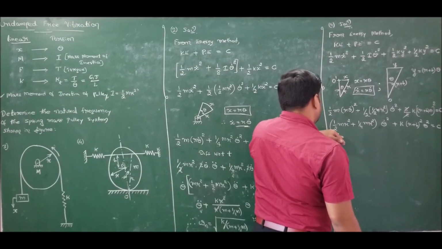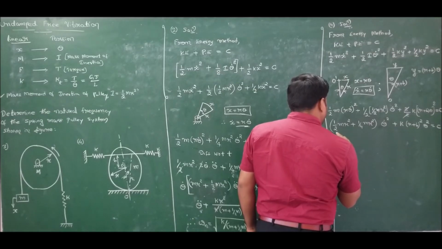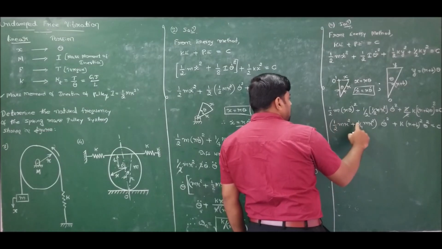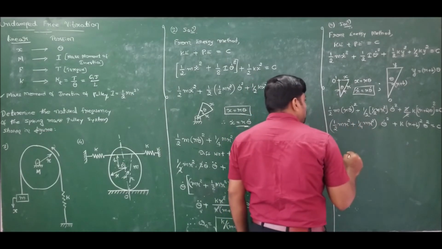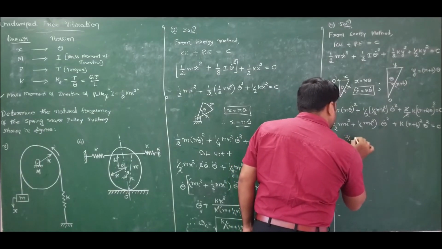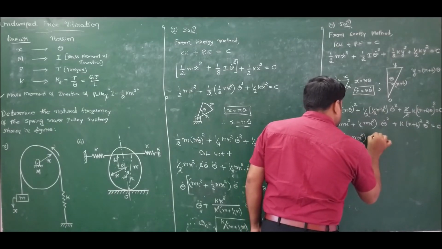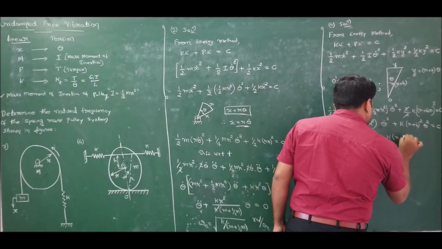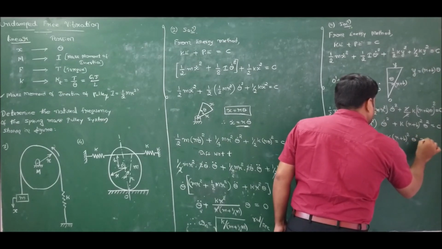This will become 2 plus 1, that is 3 m r square by 4. 4 is the LCM, right? If I take 4 as LCM, here I will get 2, here I will get 1. So 2 plus 1 is 3, LCM is 4, it is 3 by 4 m r square. So hence I got 3 by 4 m r square theta dot square plus k times (r plus b) square theta square is equal to constant.